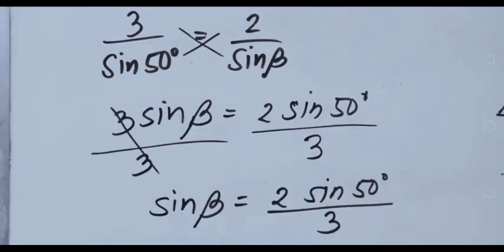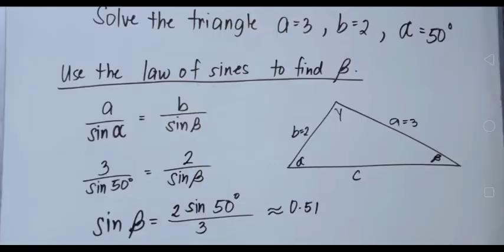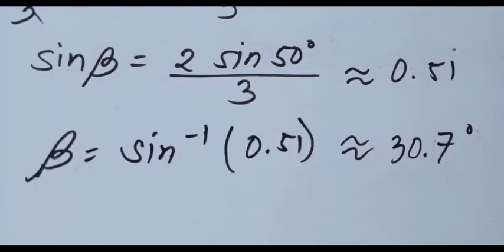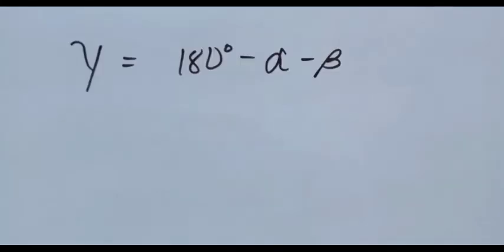To isolate sine beta, we divide both sides by 3. So sine beta is equal to 2 sine 50 degrees all over 3, which is approximately 0.51. In order to find beta, we take the inverse sine. Sine inverse of 0.51 is approximately 30.7 degrees.